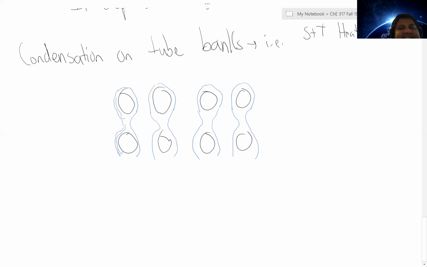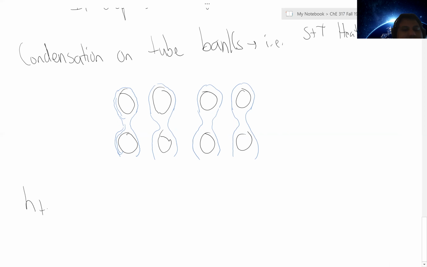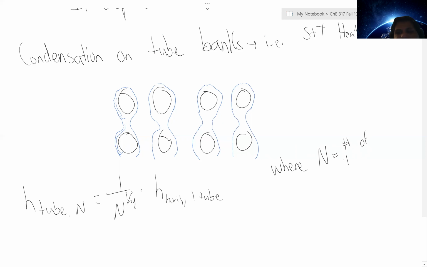And the way we can do this is through a correction that states the heat transfer coefficient on tube n in a tube bank is equal to 1 over n to the 1/4 times the heat transfer coefficient of one tube, where n is the number of tubes in a column.